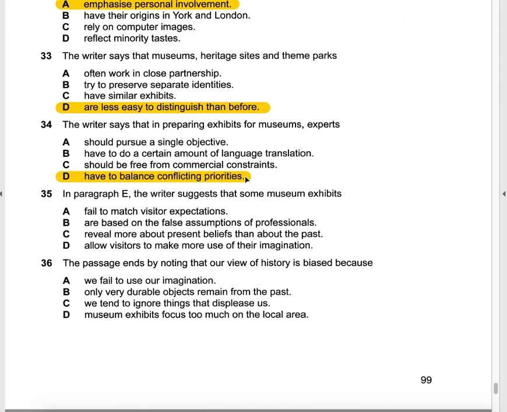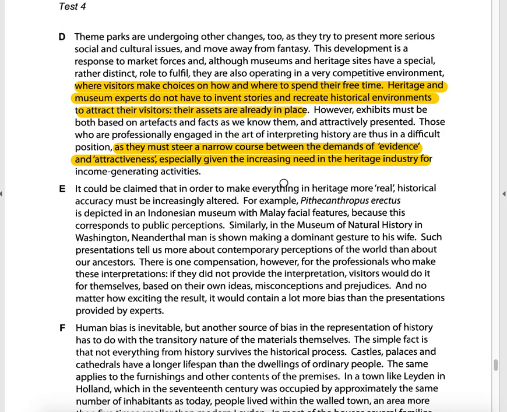Have to balance conflicting priorities. So they have to balance two main goals. What are those main goals? Well, as it says here, they must provide evidence and they have to make it attractive. And it also says here they must steer a narrow course.